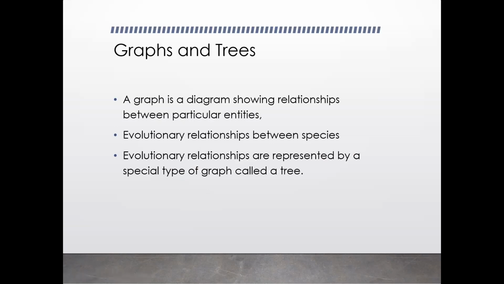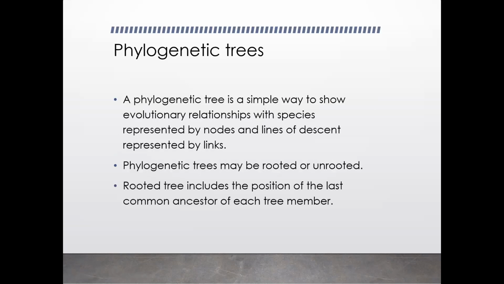As you all know, a graph is a diagram that shows the relationships of particular entities. Especially when it comes to the evolutionary relationships of species, they are represented by a special type of graph called a tree.